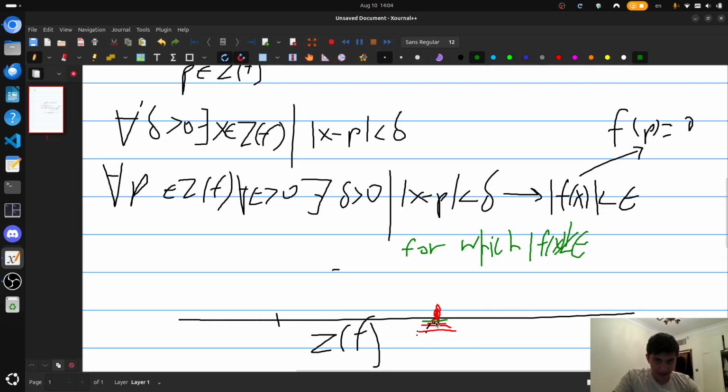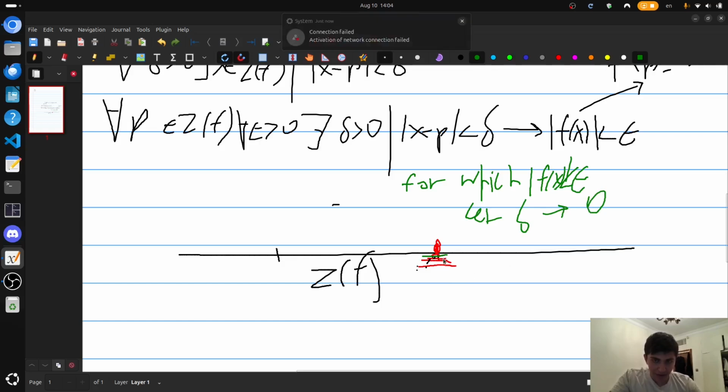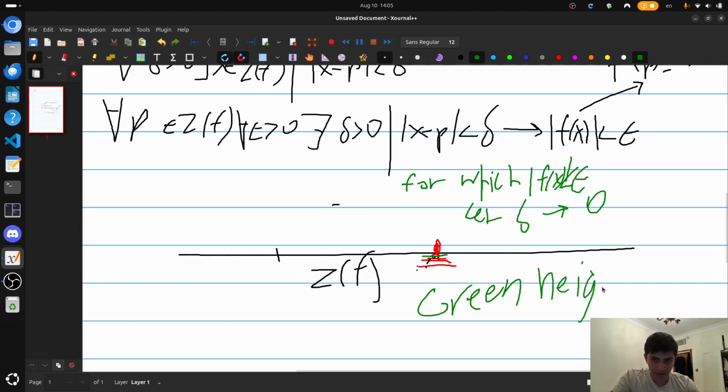And you can let delta go to 0, and you're going to have that these neighborhoods of these points will actually lie in neighborhoods of red. So green neighborhoods lie in red neighborhoods.